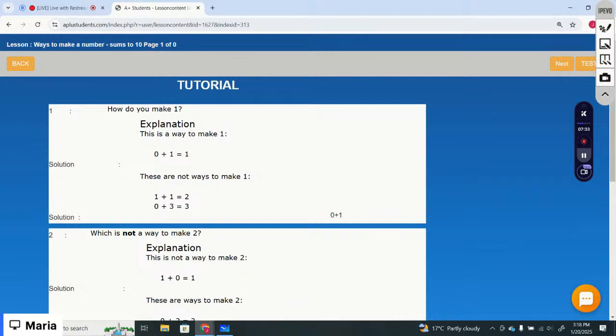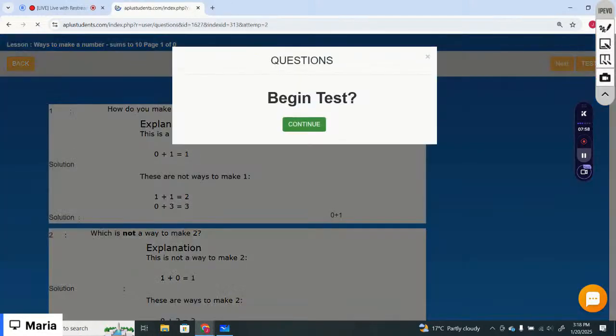You have to see how to make one. Let's just start with the test questions where we are given the options.